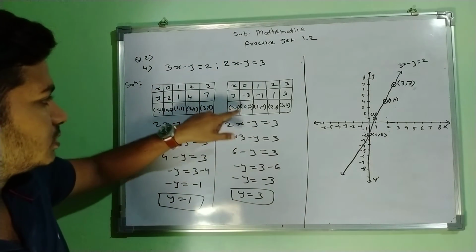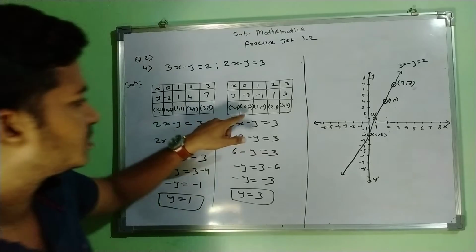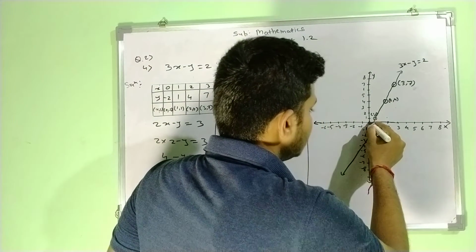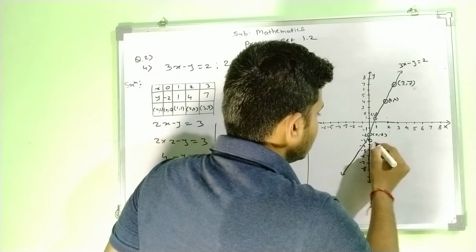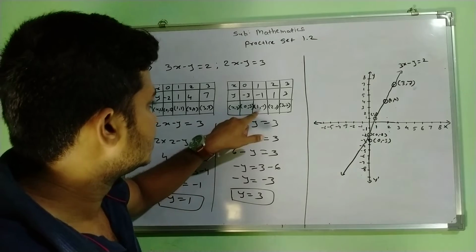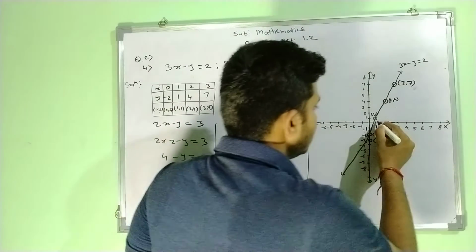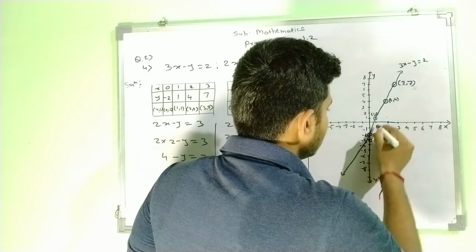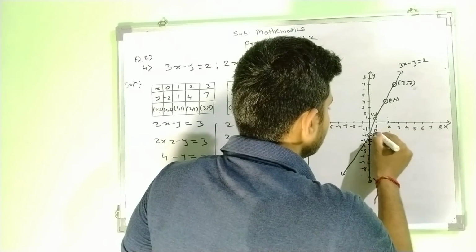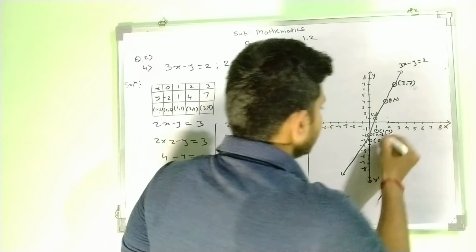Now the second line. The first coordinate of the second equation is (0, -3), 0 on the x axis, minus 3. It will come here, (0, -3). Second point (1, -1), so 1 on the x axis, minus 1. It will come here, (1, -1).